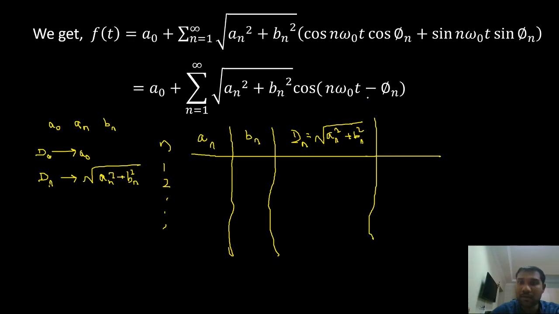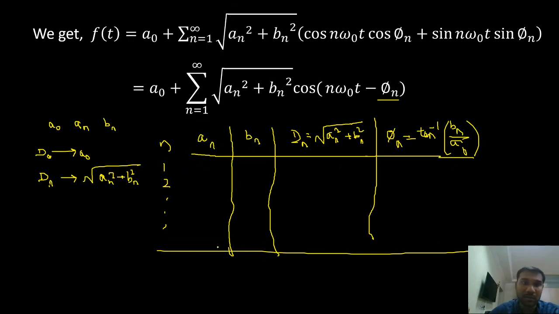Then I have phi n, that also I have to calculate. So phi n is equal to tan inverse of bn by an. For every pair of an and bn, I have to calculate this table.